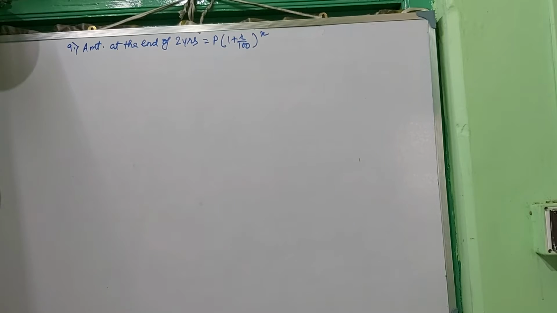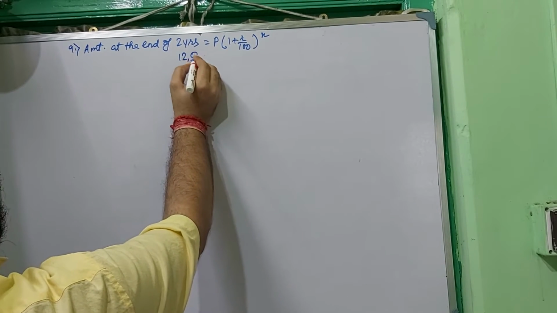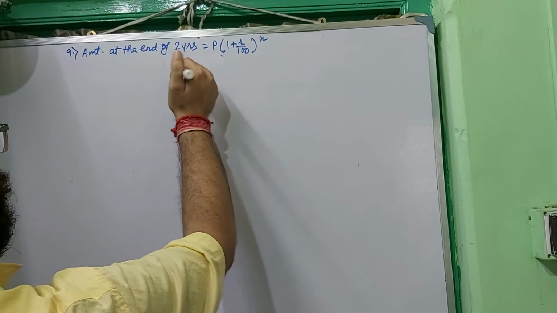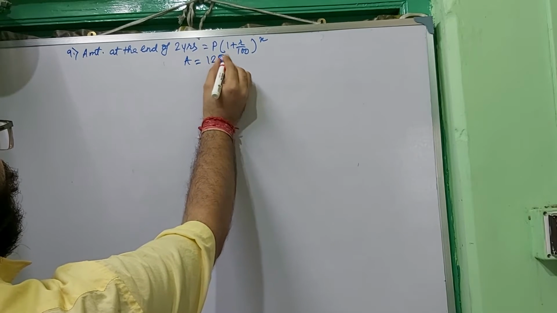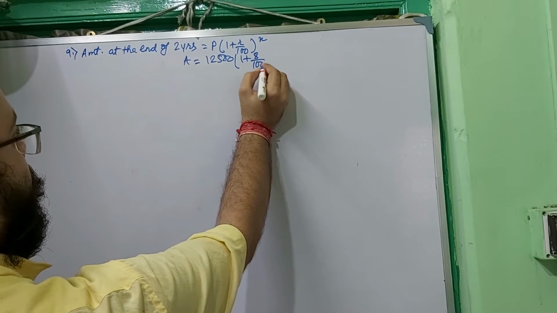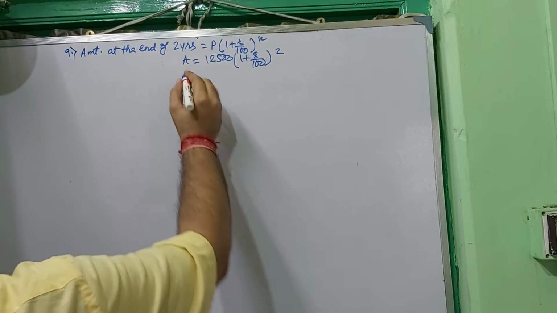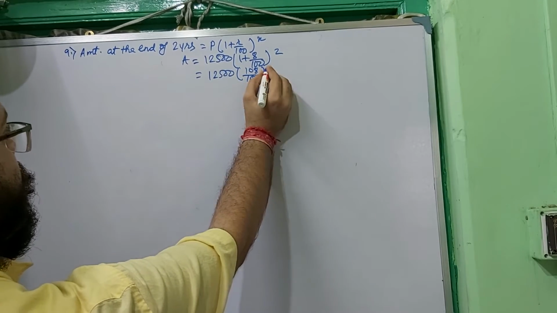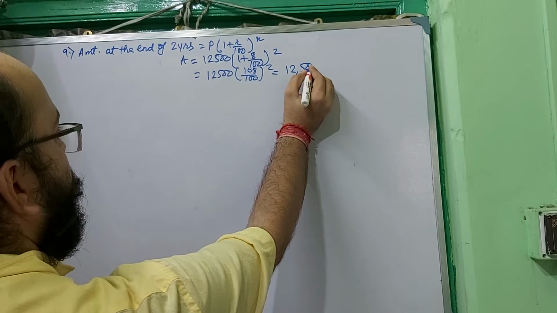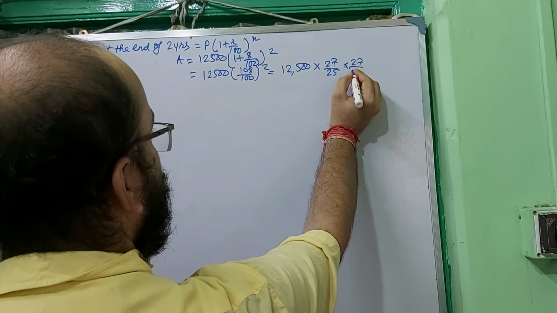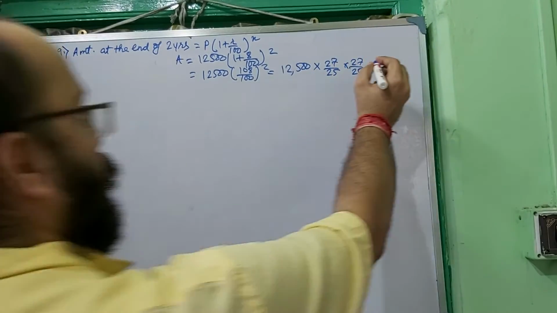Here P is 12,500, so A is equal to 12,500 into 1 plus 8 by 100, 8%, 2 years means power 2, is equal to 12,500 into 108 by 100, is equal to 12,500 into 27 by 25 into 27 by 25. You will get the amount as 14,580.